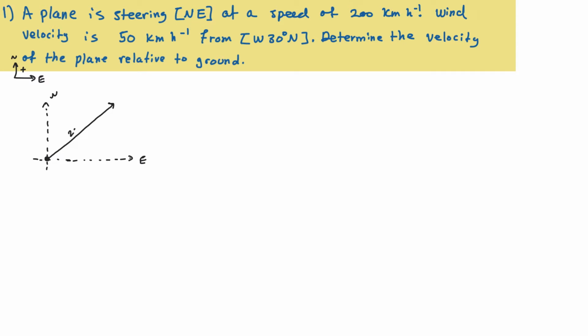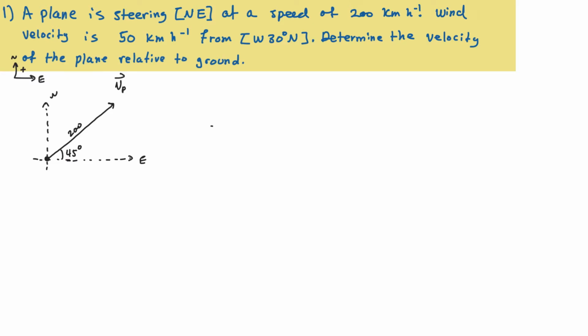Its magnitude is going to be 200. This is the speed of the plane, and we know the angle is 45 degrees because it's exactly northeast, so that angle is half of 90 degrees.